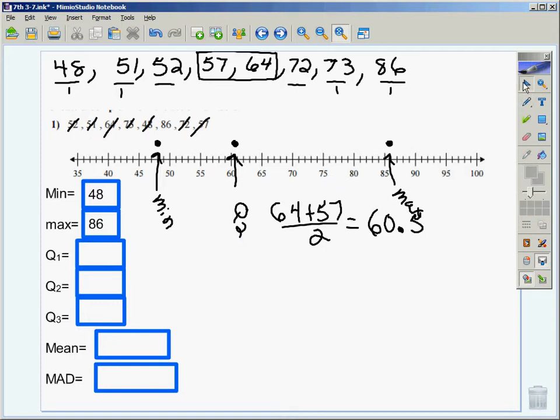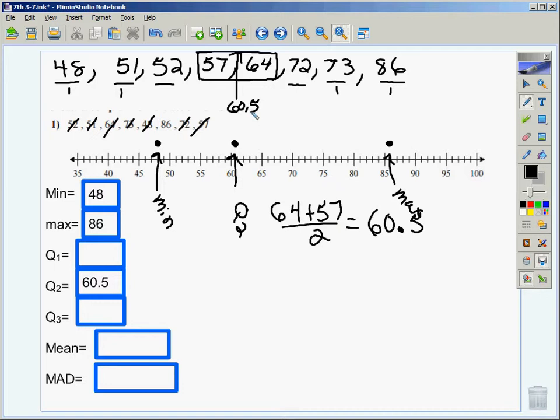The median is 60.5. That's Q2. Here's what I want you to think about. Here's 60.5. It wasn't part of my data, was it? But I do need to mark it there. This is the middle, the median.